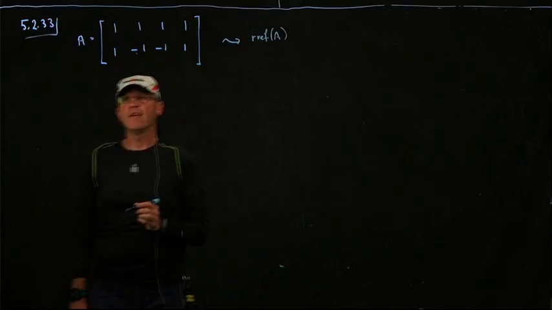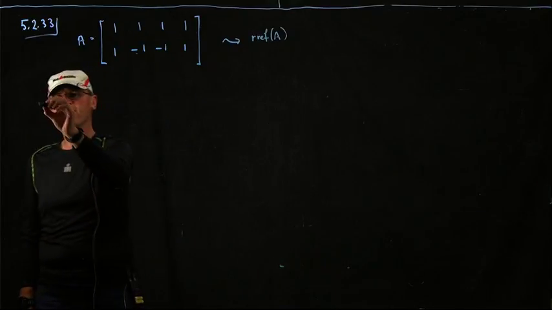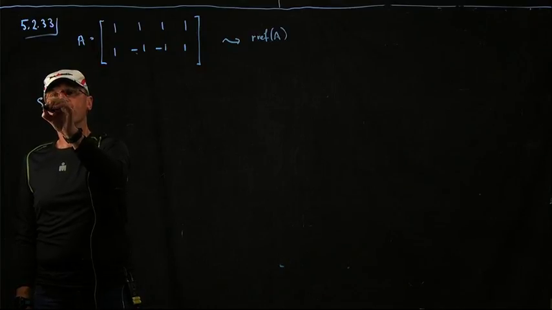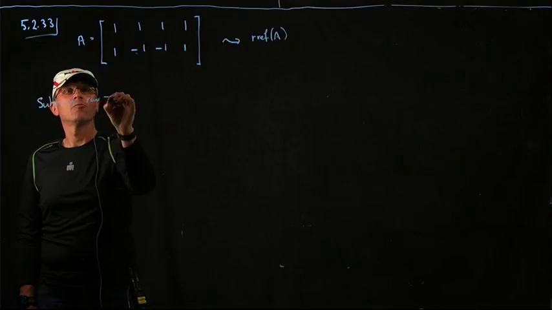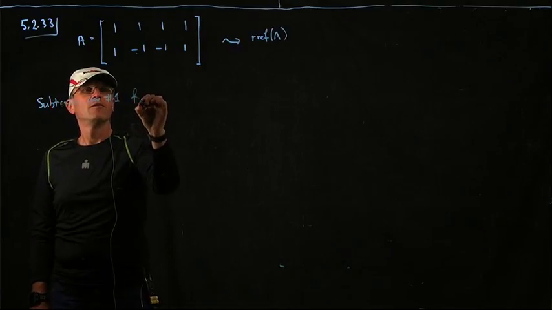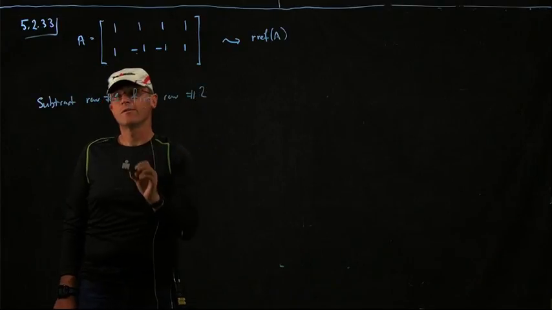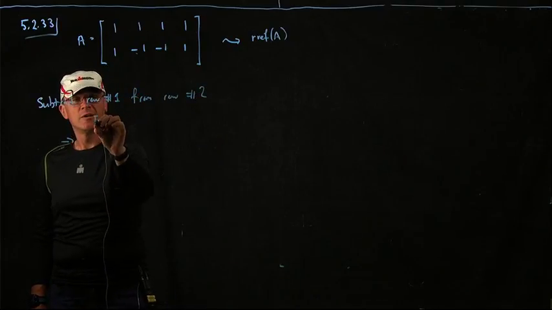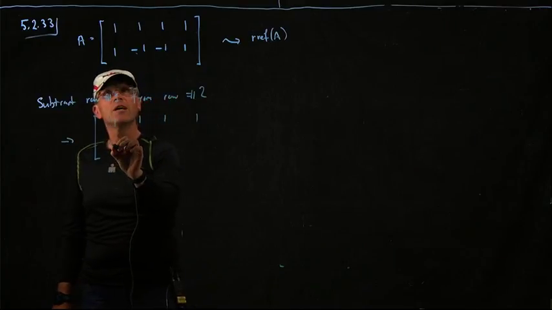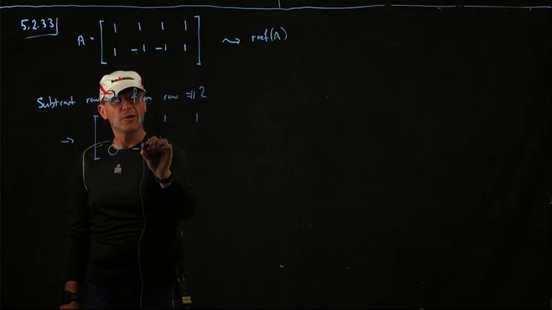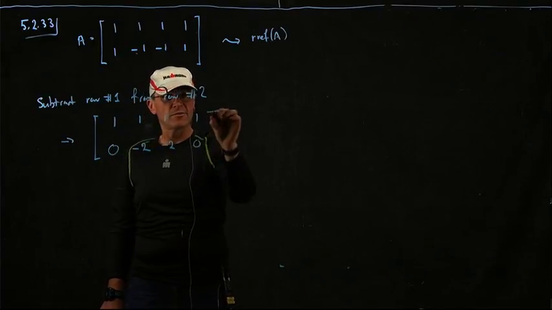Here, that's not too terribly bad. So we take the first row, and subtract row 1 from row 2, and we end up with the first row unchanged. We have 0, minus 2, minus 2, and 0.